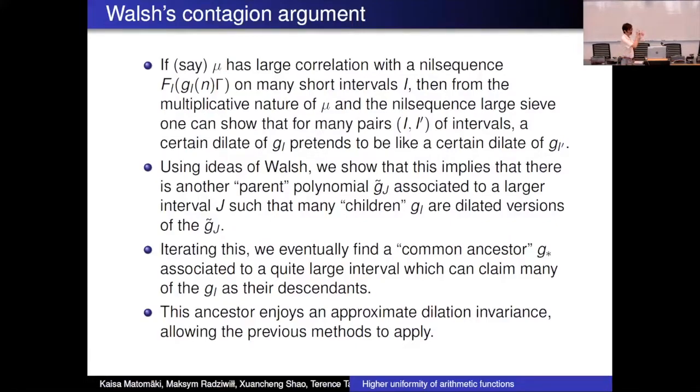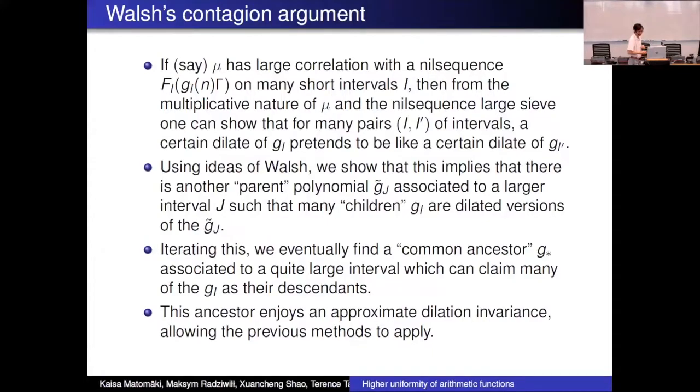Once the interval gets long enough, you can use the results on all short intervals that we mentioned previously, and show that you don't actually correlate with a nil sequence on a really big interval. Then you can descend back down to these short intervals. It actually has some similarity with some of the arguments of Matomäki and Radziwiłł. It's not the same argument, but this sort of multi-scale analysis is somehow the main ingredient that allows us to do that.